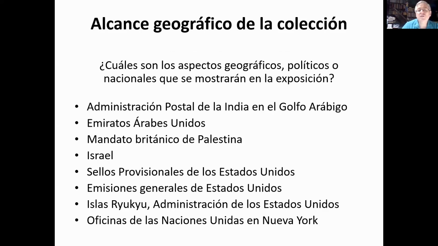Now, let's talk a little bit more about geographical scope. And again, I apologize that the examples in the slide are somewhat oriented, again, to perhaps mission, but really the same basic ideas apply. So in terms of geographical scope, the geographical scope could be a country, a political or national entity.